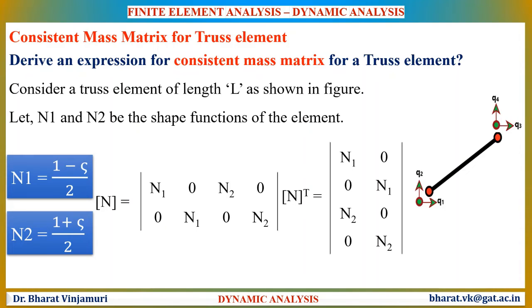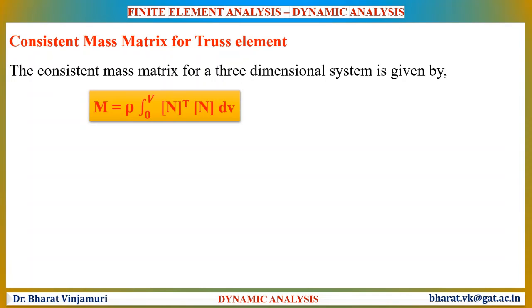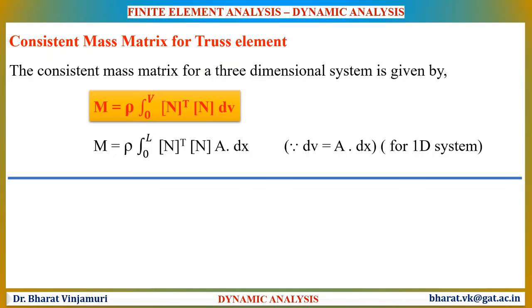Let us now find the consistent mass matrix of a truss element. As discussed in the case of the bar element, the consistent mass matrix for a three-dimensional system is given by the following equation. In the one-dimensional case, the equation is given by m is equal to density multiplied by the integral.